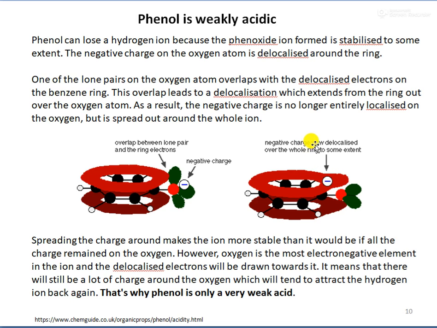So the negative charge, now delocalized over the whole ring to some extent, will shift slightly towards the oxygen. As a result, the H plus ions in the medium will again be attracted back to the O minus anion. So that is why, even though the phenol is acidic, releasing H plus ions, this H plus will have a tendency to come back to this negative region.